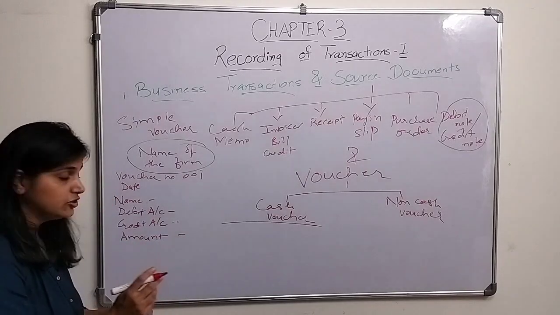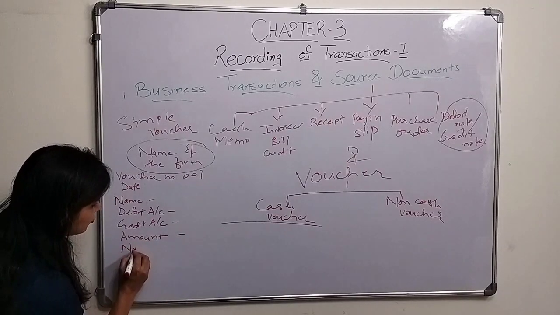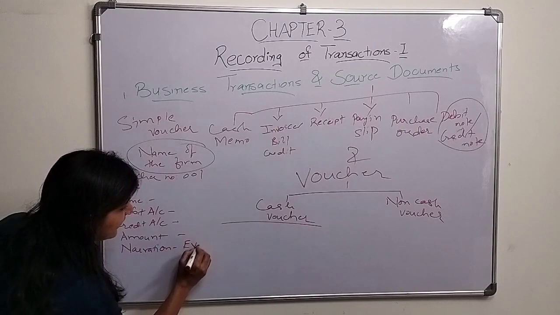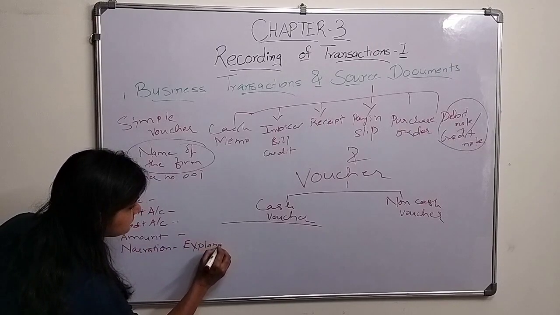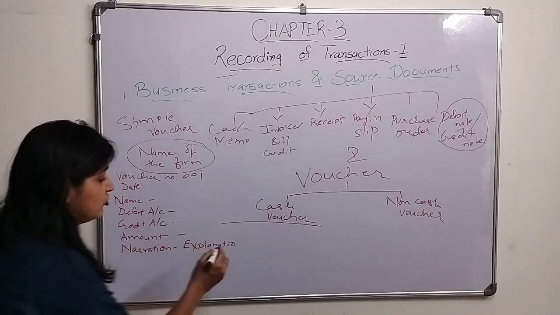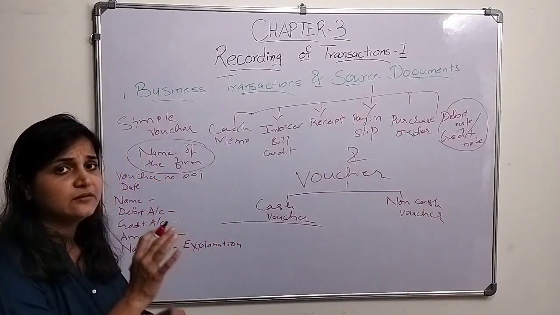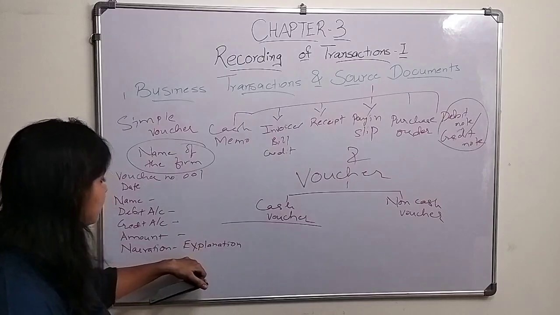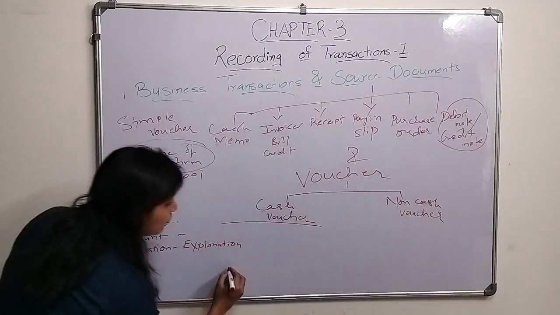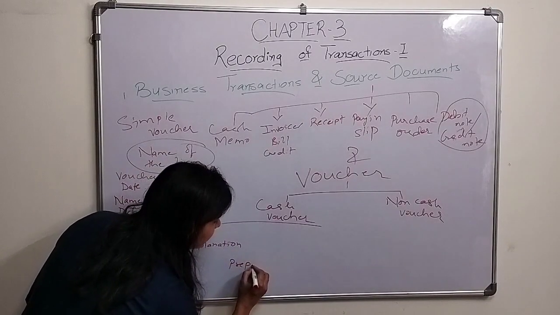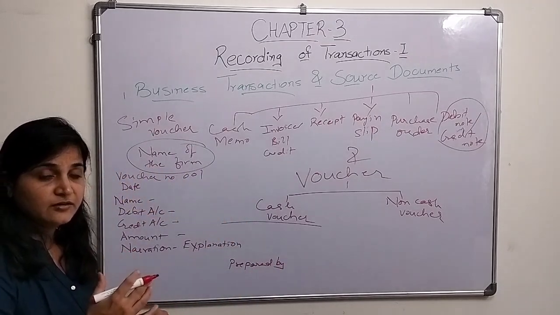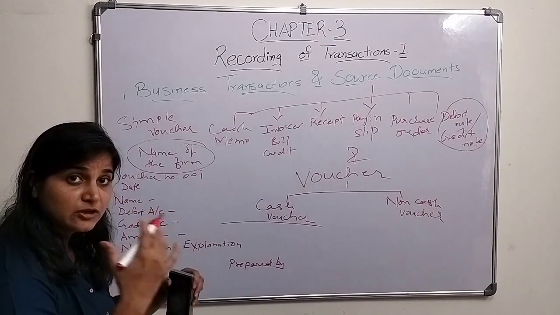how much amount. The narration is simply, we call it an explanation regarding the transaction. Okay, being goods purchased, being goods sold, anything. Now who has prepared it? In a large organization, the roles have been designed to different people.